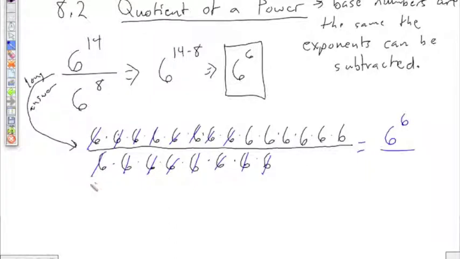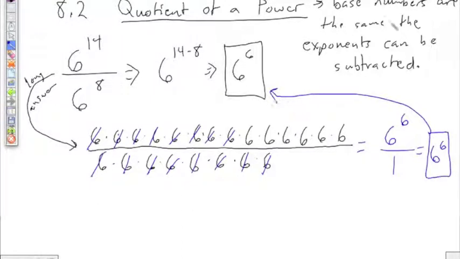And what was left on bottom? Just the number 1. Because this is a whole number, is there any real reason to write the 1? So our answer is 6 to the 6th, and that's everything. That's the long way of getting that.